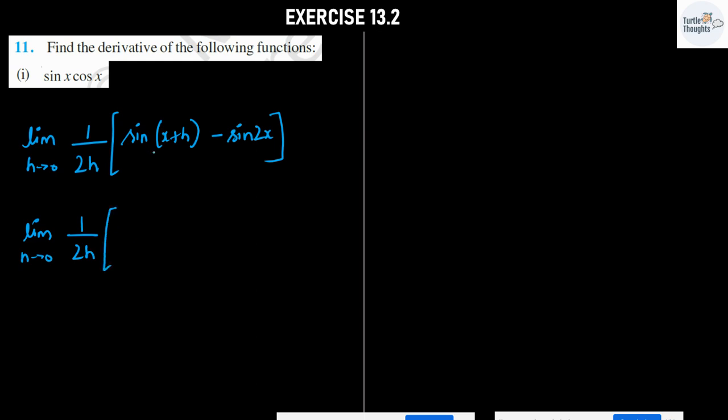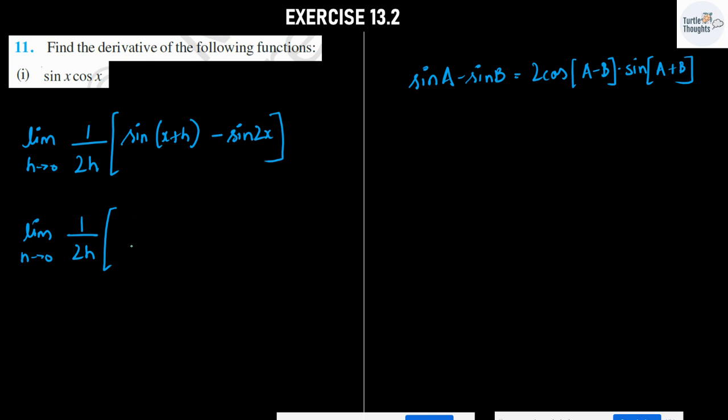This can be written as 2 cos a plus b and sin a minus b. So how do I write that? This is of the form sin A minus sin B. Sin A minus sin B can be written as 2 cos of A plus B by 2 multiplied by sin of A minus B by 2.